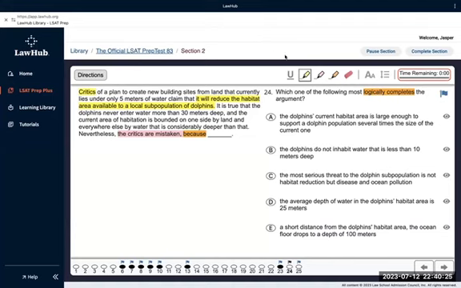So if I were to make a little doodle, we've got water, and then we have the land. The land that they're talking about here is to get this land.